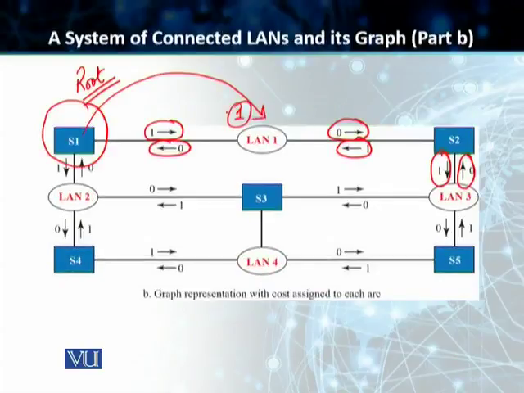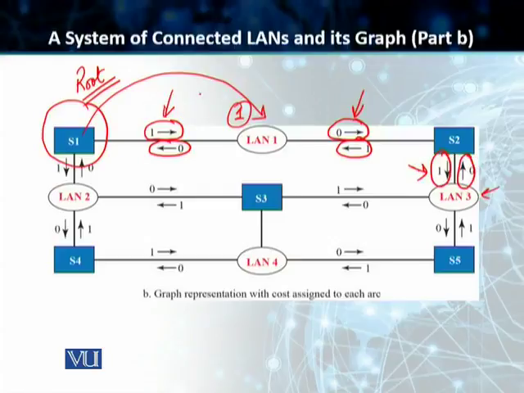Students, the shortest path from your root switch, which is S1, to LAN 3, for example, is this particular 1 plus 0 plus 1. So the shortest path from S1 to LAN 3 via LAN 1 and switch 2 has got a total cost of 2.